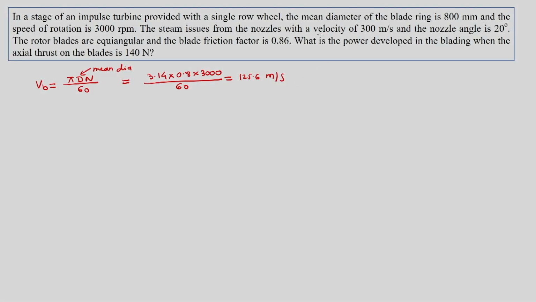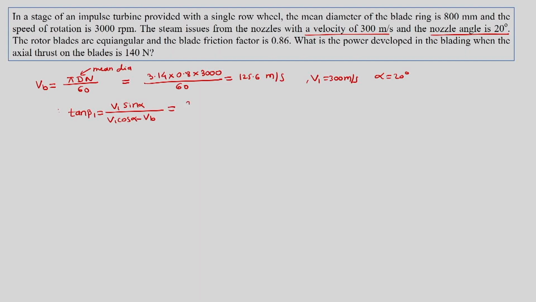In the example, we are told that velocity is 300 meter per second and nozzle angle alpha is 20 degree. So we can find beta using our formula in terms of V1 and alpha: tan beta is V1 sin alpha divided by V1 cos alpha minus VB.